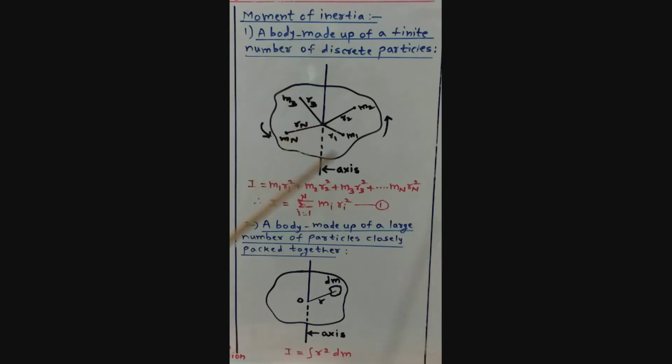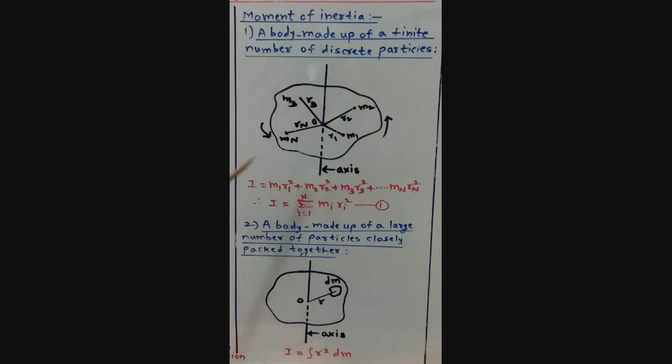The moment of inertia of a rotating body can also be explained as follows. Consider a rigid body rotating about an axis passing through point O. Let m1, m2, m3, etc. mn be the masses of the particles situated at distances r1, r2, r3, etc. rn respectively from the axis of rotation.